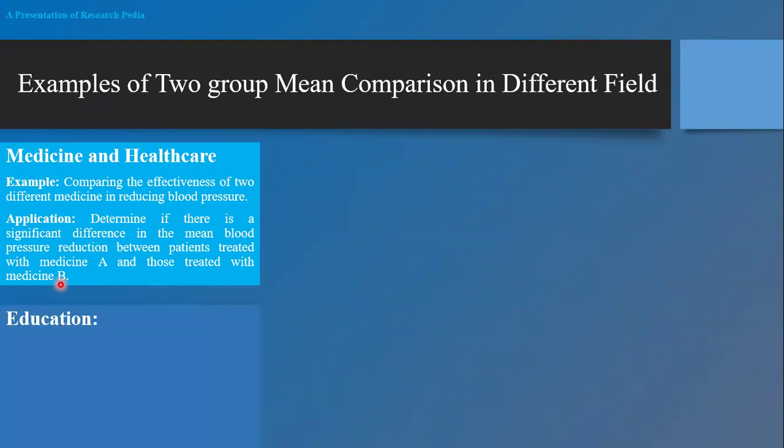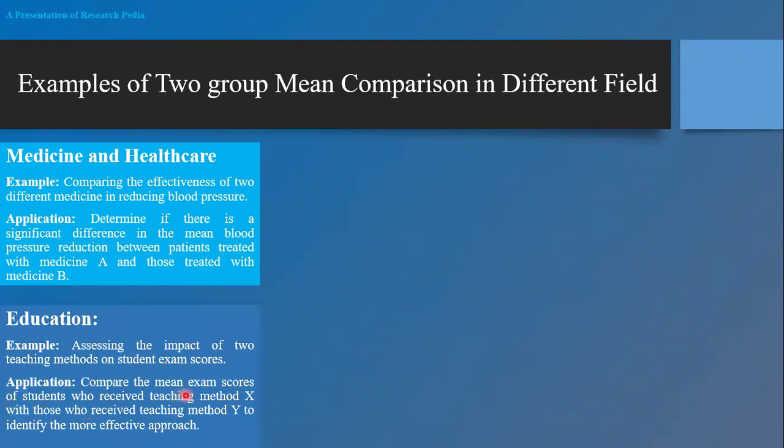The second circumstance would be from the educational domain. We may be interested in assessing the impact of two teaching methods on students' exam scores. So compare the mean exam score of students who receive teaching method X with those who receive teaching method Y to identify the more effective approach.